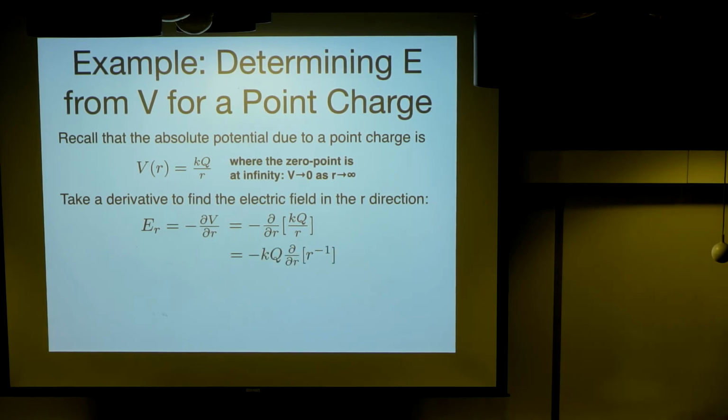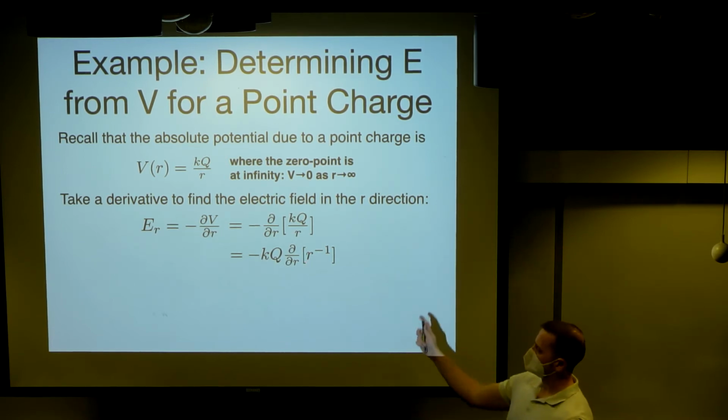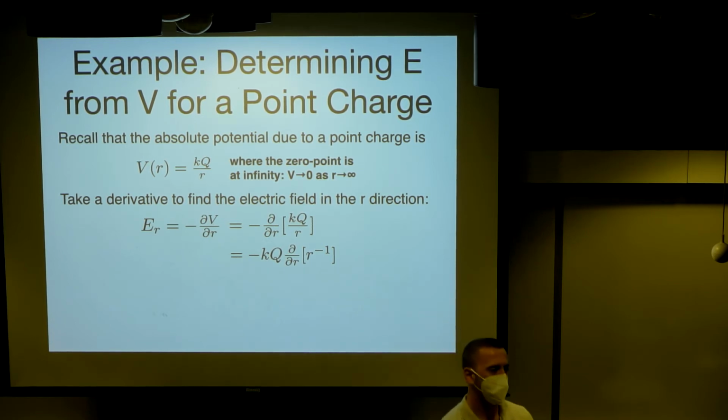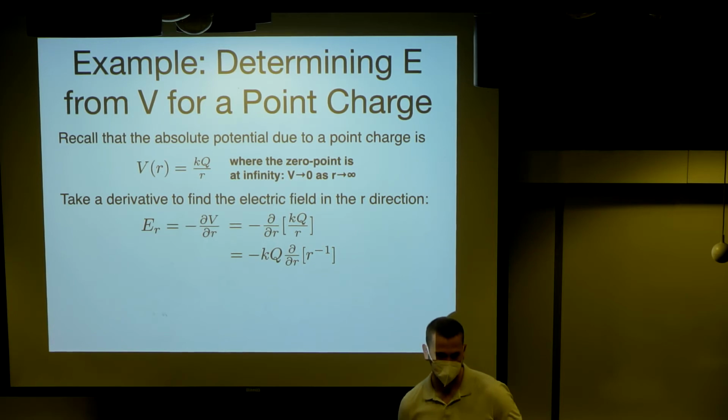So I have minus K times Q. And then I have a 1 over R sort of thing, but because when we take derivatives we use the power rule, I'm just going to explicitly write this as a power. It's R to the minus 1 power, right? And what do I get when I take the derivative of R to the minus 1 power? Yeah, so the power, when we take derivatives, gets decreased by 1, so it's now R to the minus 2. And this negative 1 is a factor that comes out to the front.